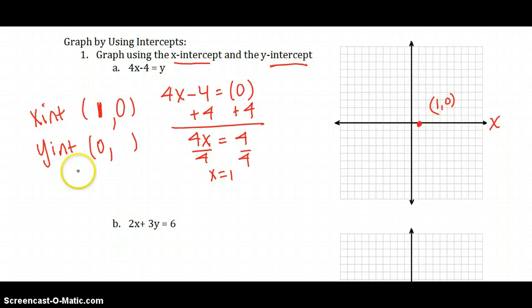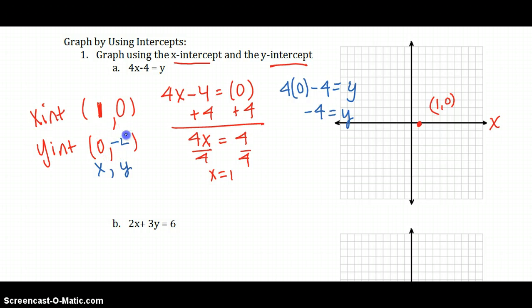Alright, to find the y-intercept, remember this is your x and this is your y, so I'm going to plug in 0 for x. So it'll be 4 times 0 minus 4 equals y. So to solve for y, since 4 times 0 is 0, negative 4 equals y. And so my y-intercept is at 0, negative 4.